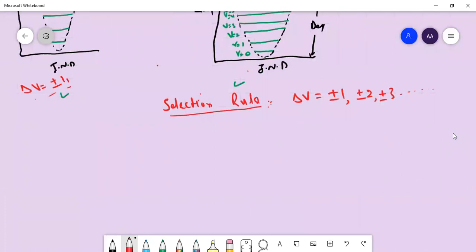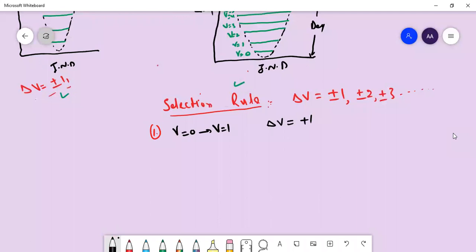frequencies here. So firstly, if I take the transition from V0 to V1, it means that my molecules are undergoing transition from the 0 energy level to V1. And here the selection rule we are taking is that delta v is equal to plus 1.